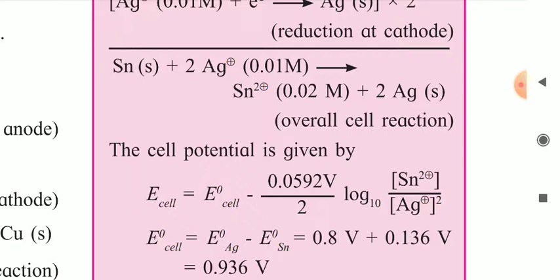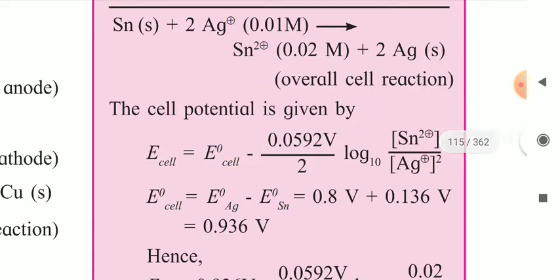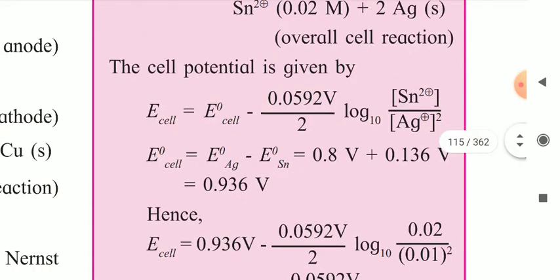Because the coefficient 2 in the above equation for the silver solid electrode becomes the power here. So Ag+ in square brackets is raised to the power 2.